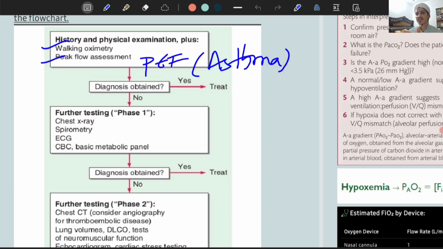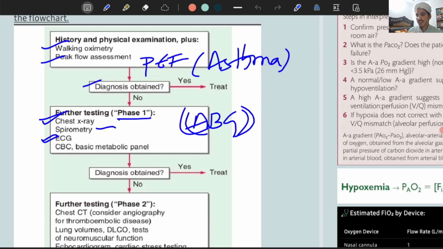If the patient is walking and saturation is falling, that means the patient has chronic respiratory failure. Okay, now if at this point you have a diagnosis, then you will go to first line investigations, which include chest X-ray, ECG, spirometry, and ABG also you consider here. ABG, these are the first line investigations: chest X-ray, ECG, ABG.